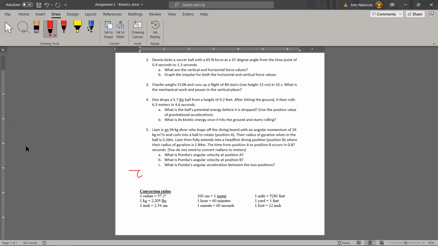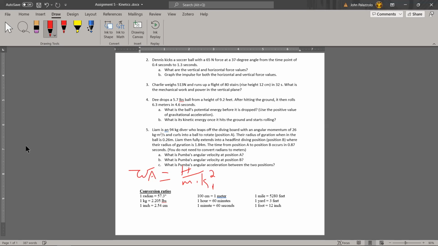For omega A, we know it is equal to H, which I'll let you determine what H is, times mass times K, our radius of gyration, squared.